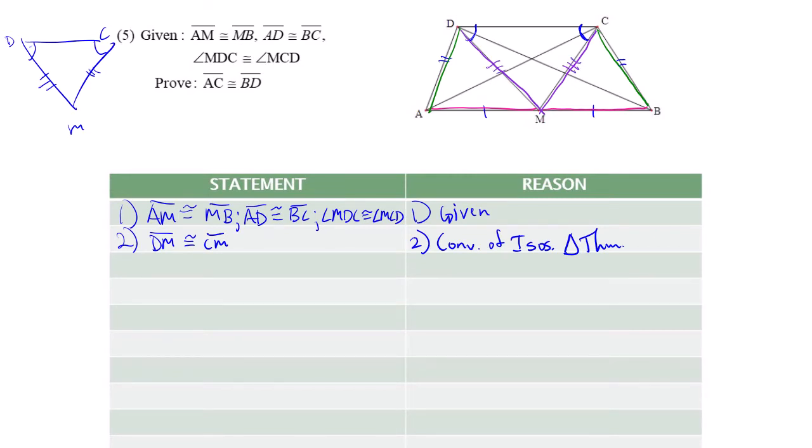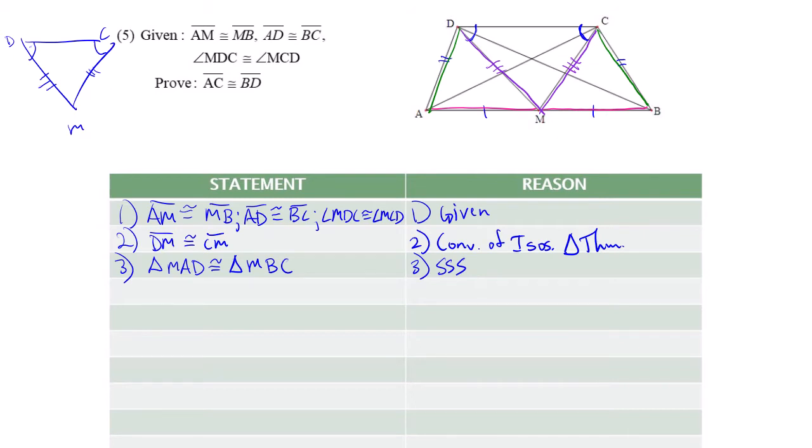And so now we have these two triangles congruent by side, side, side, right? So I can say that triangle MAD is congruent with triangle, let's see, M corresponds with M, A corresponds with B, and C corresponds with D. And that's by SSS.